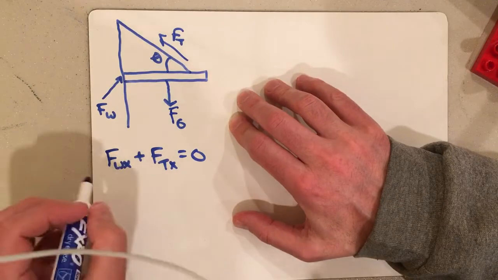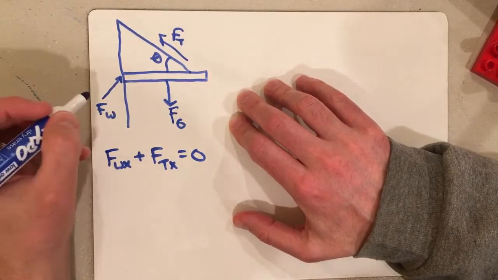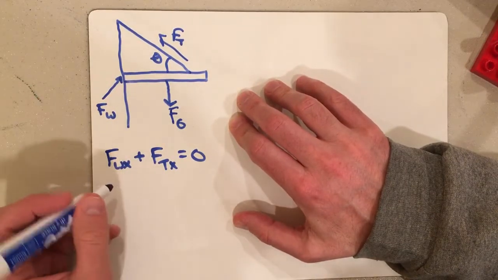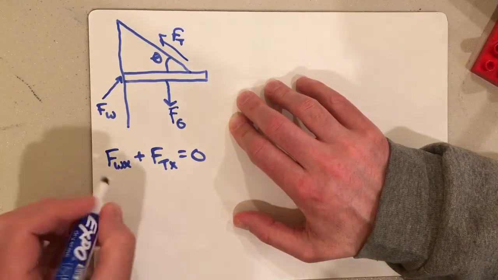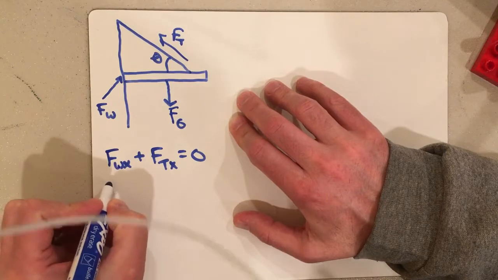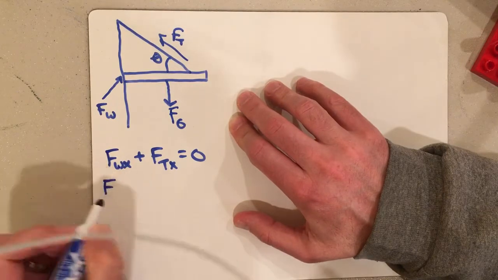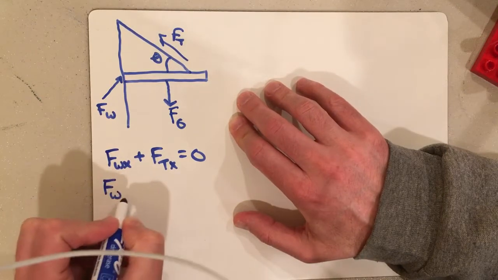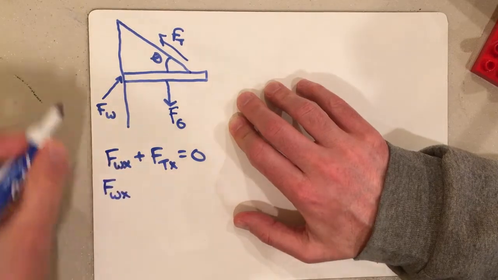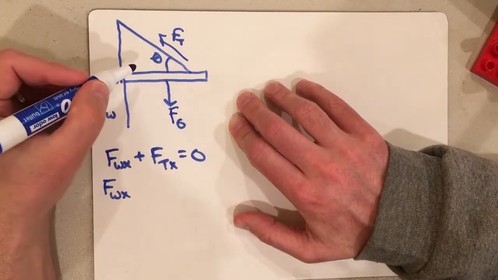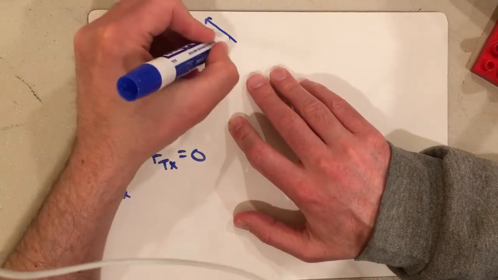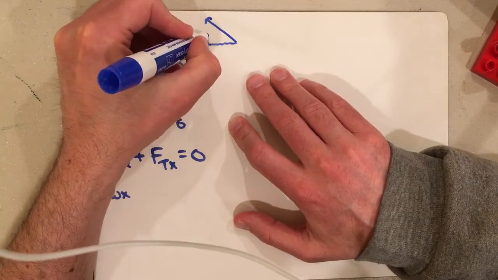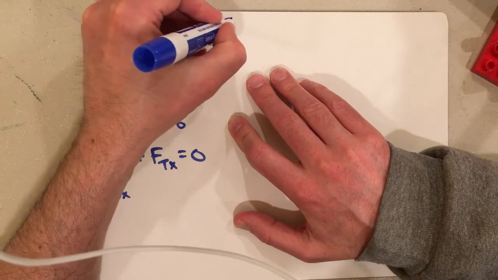Now this Fwx, I don't know anything about it right now. So I'm just going to keep it as Fwx, but tension, I can clearly get the x component of tension. If I do a vector diagram here, here's my triangle. This is Ft.